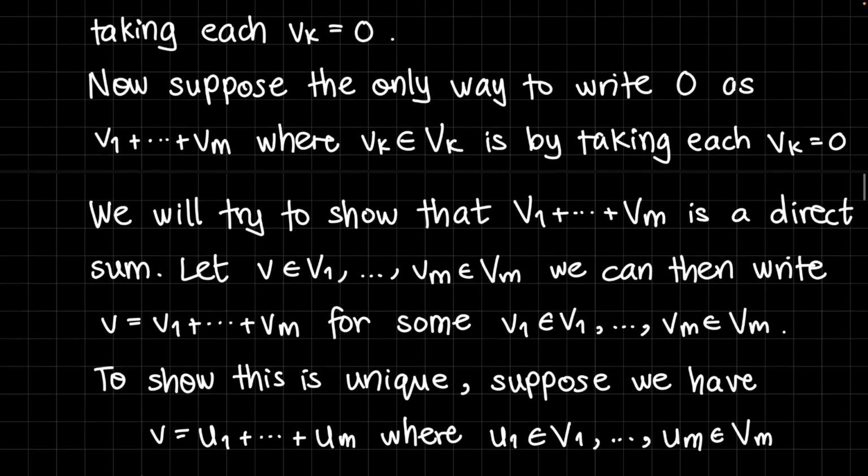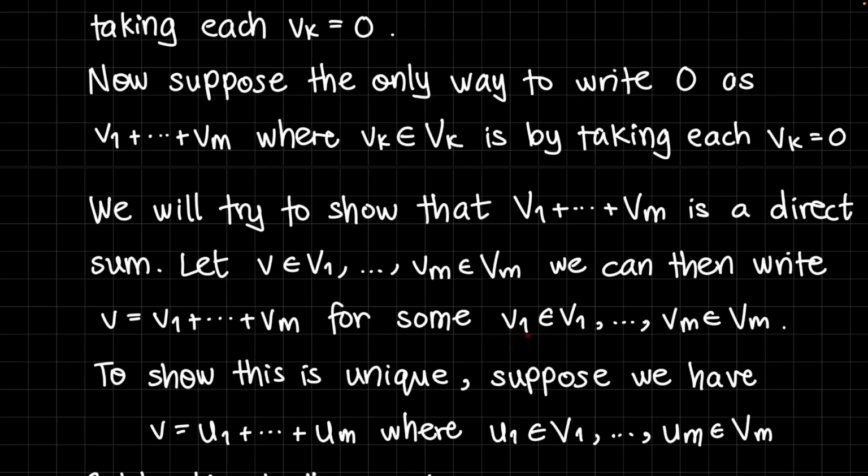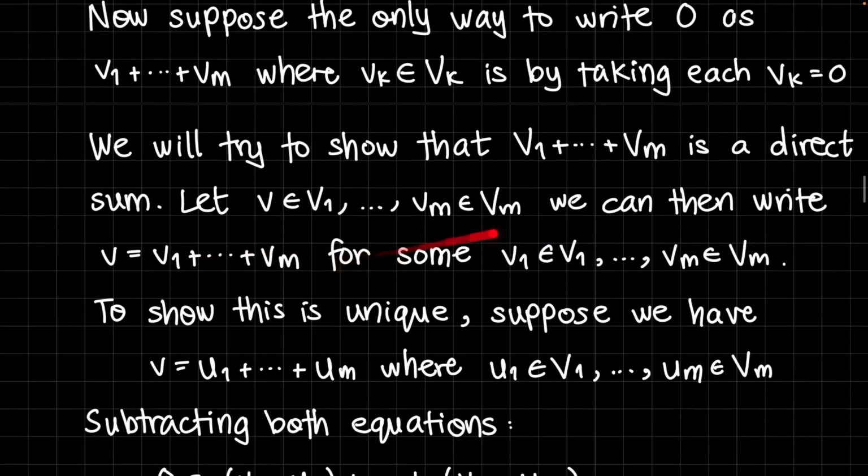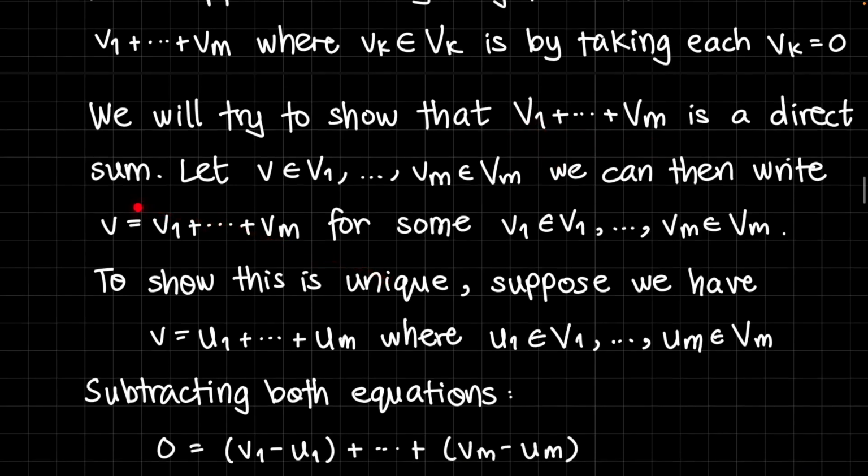We can then write v equals v1 plus dot dot dot plus vm for some vk belonging to capital Vk. We can write any vector that belongs to this sum of subspaces in terms of v1 plus dot dot dot plus vm.